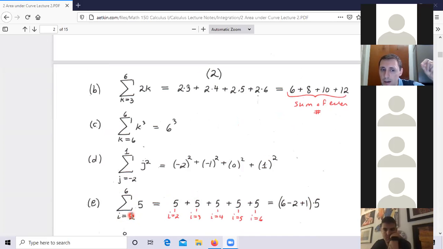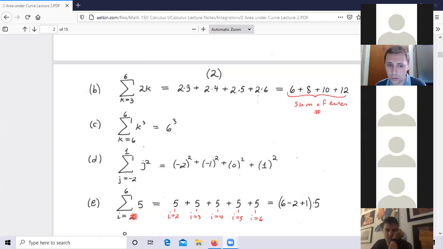So that's for 3, 4, 5, and 6. Right? 3, 4, 5, and 6. But then I add 1 to include the i equal to 2. That's why it's 5. You always take the top number minus the bottom number plus 1. Because top minus bottom is how many more will follow after the bottom number.